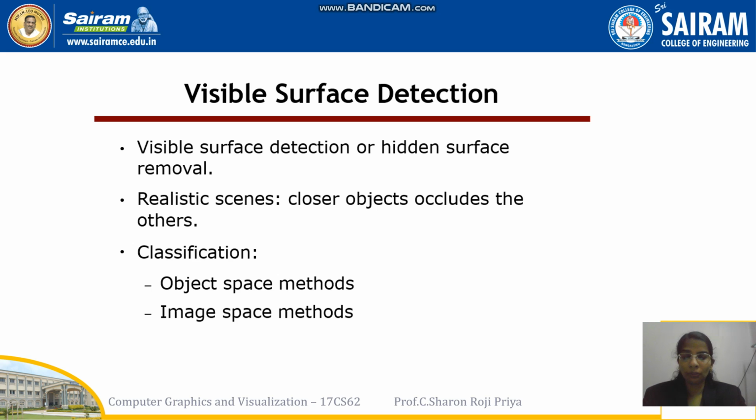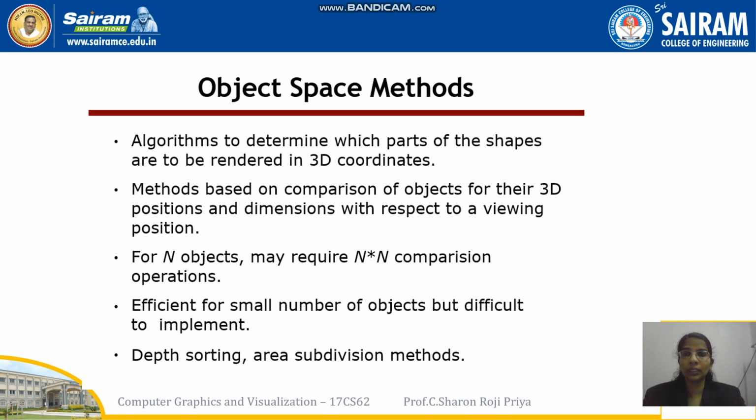There are two types of visible surface detection methods: object space methods and image space methods. The object space method is applied on the object description.